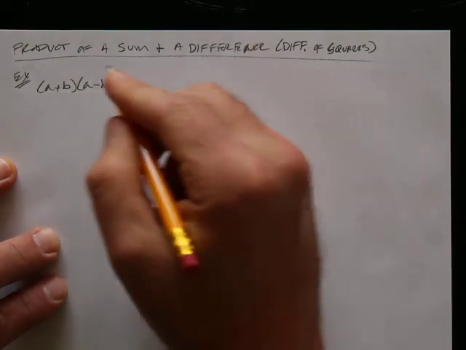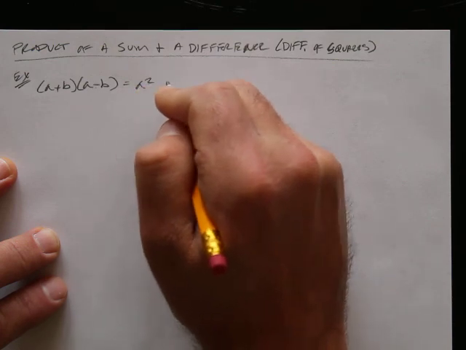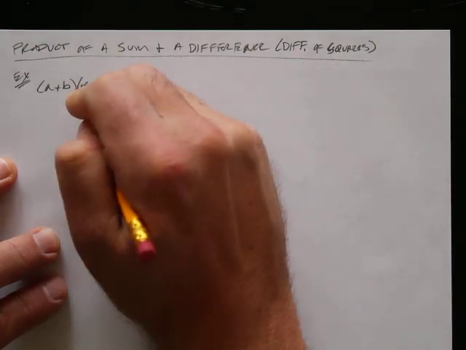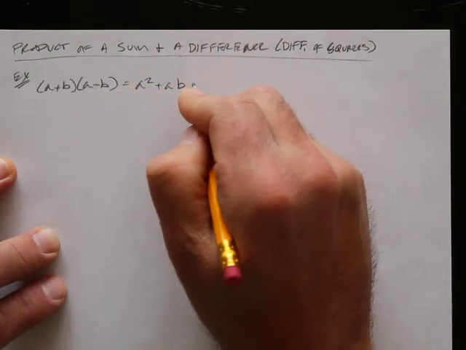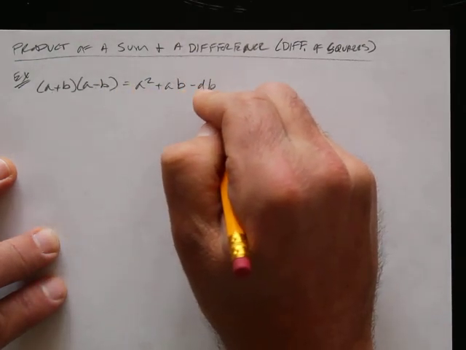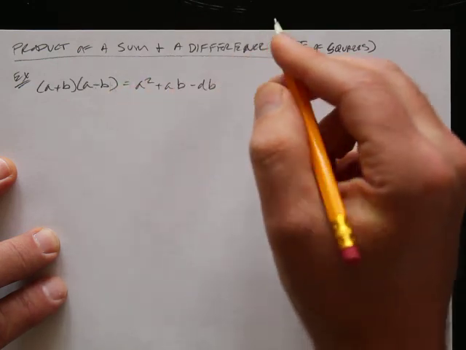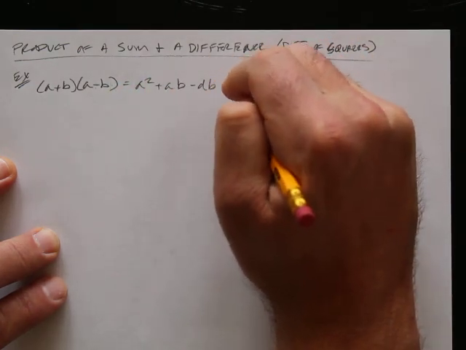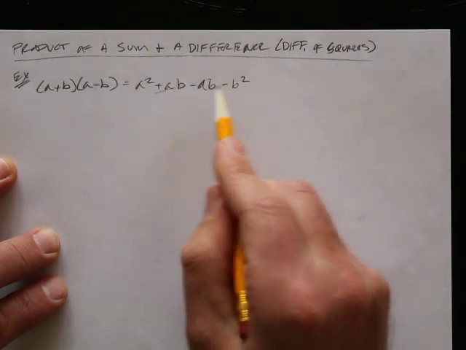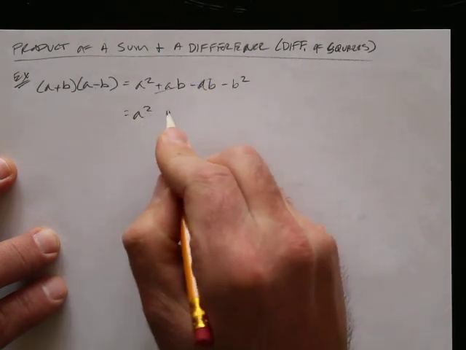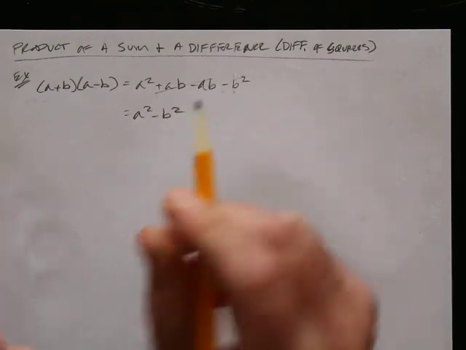If I were to FOIL this out, I've got a times a is a squared, plus a times b, ab, minus a times b, ab, and then b times negative b is negative b squared. And then these two in the middle subtract to be 0, and I've got a squared minus b squared.